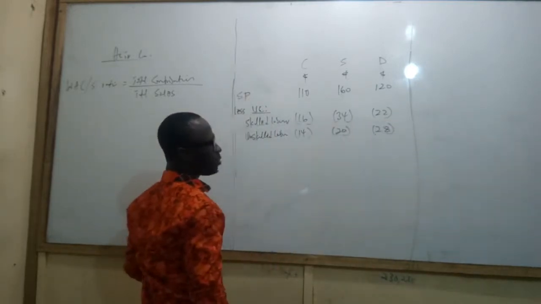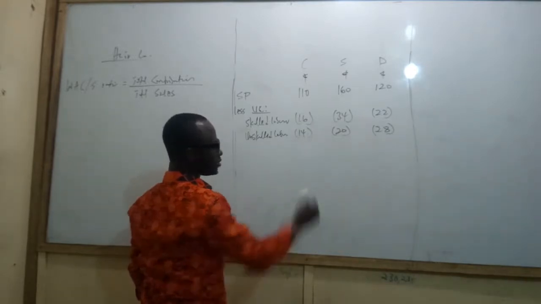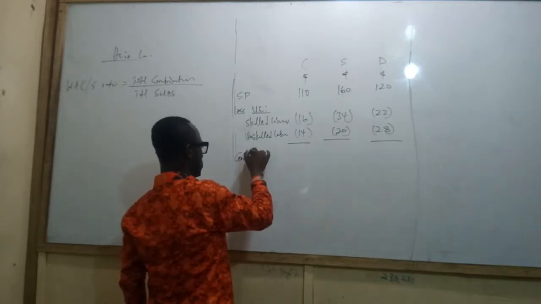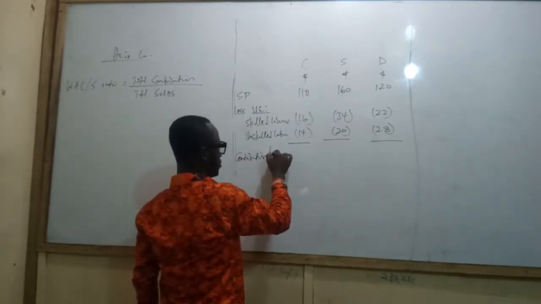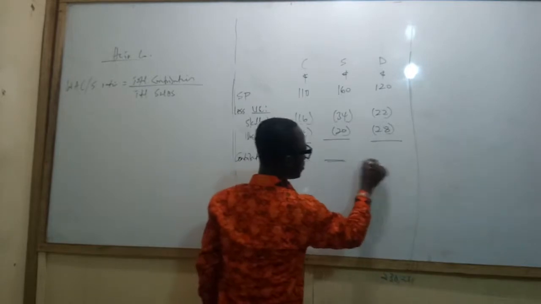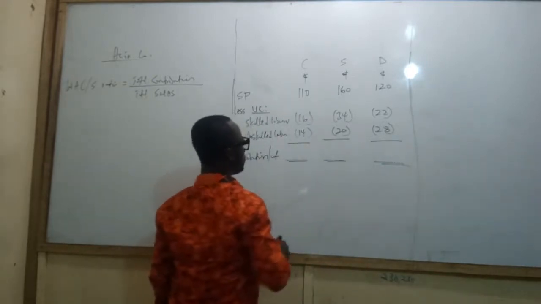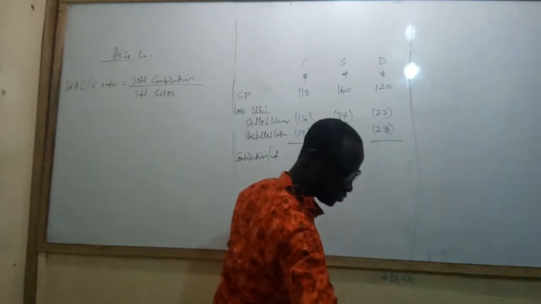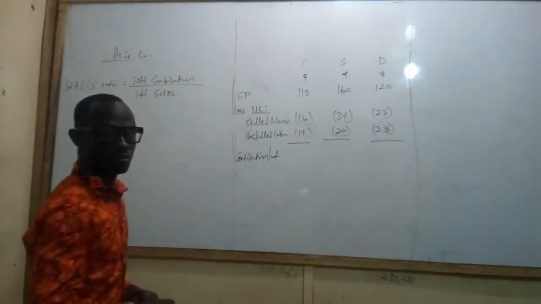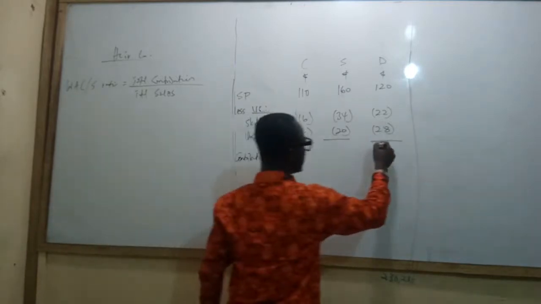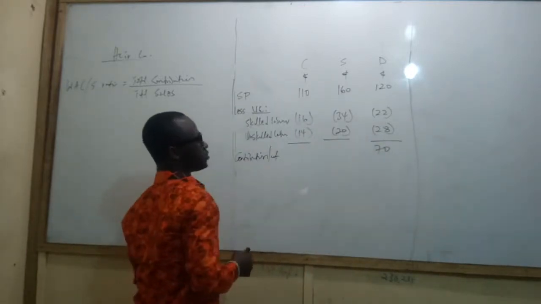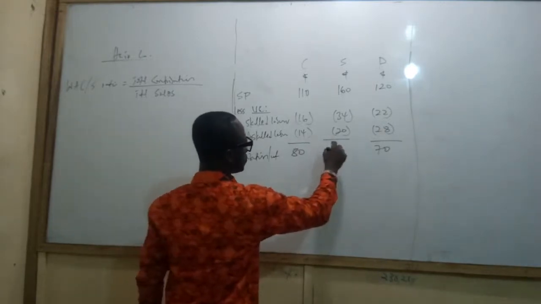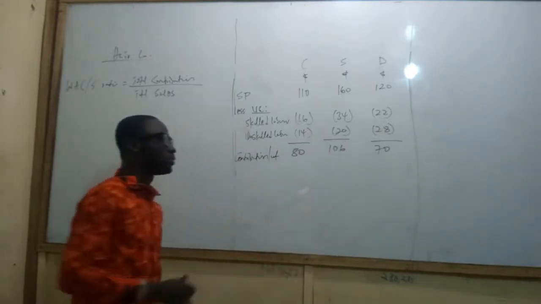Selling price minus variable cost. What do we have? For D, 70. For C, 80. S, 106.